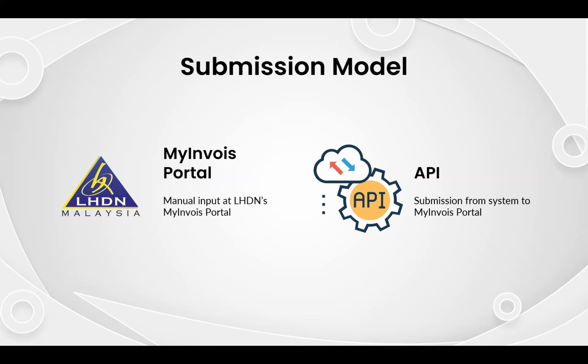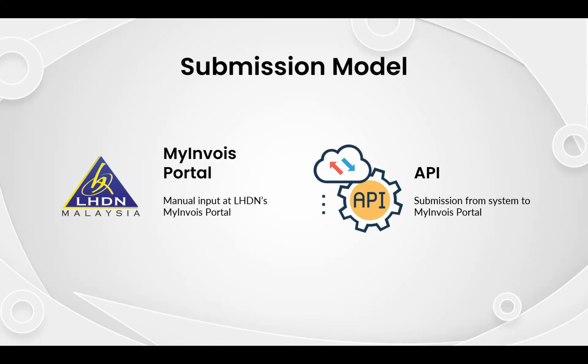But if you think your invoices are not so many, one year only 20 invoices, you can use the manual way. That means you go to the MyInvoice Portal and key in your invoice. I don't know how the MyInvoice Portal looks like, because the Lembaga Hasil hasn't launched the portal yet. They are still at the testing stage.